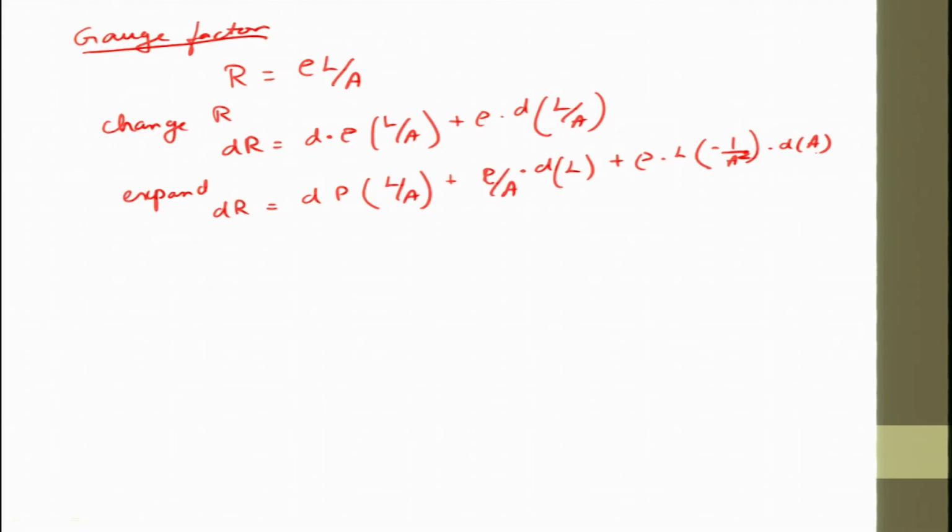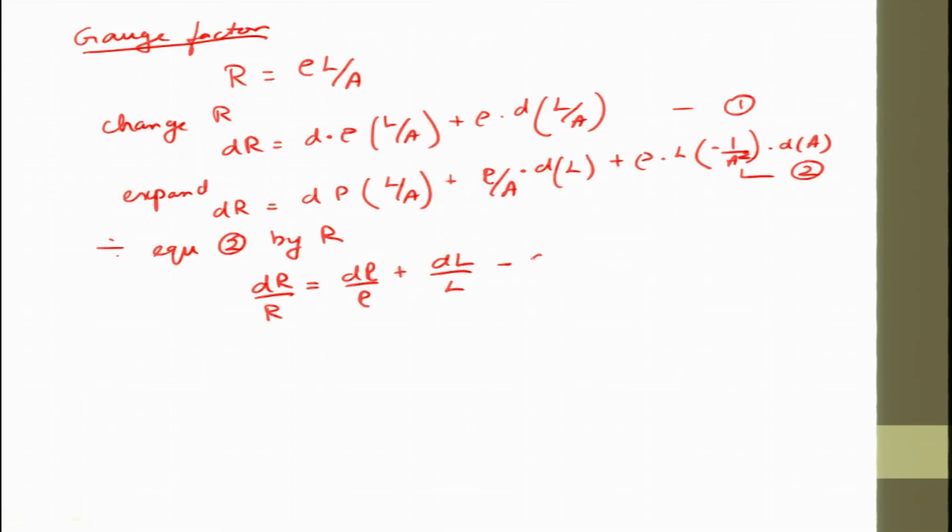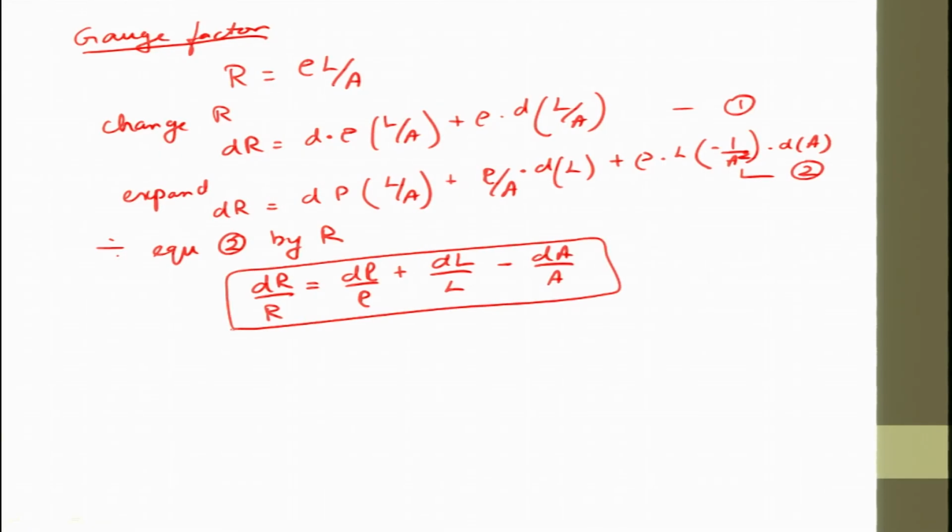When we divide the entire thing by R, so divide equation 2 by R, what we get is dR by R equal to d rho by rho plus dL by L minus dA by A. This is what we get when there is a change in resistance.